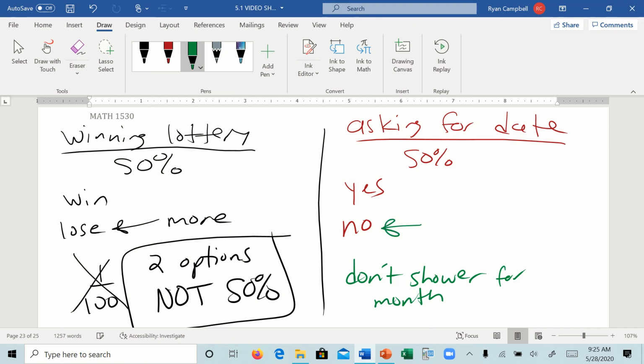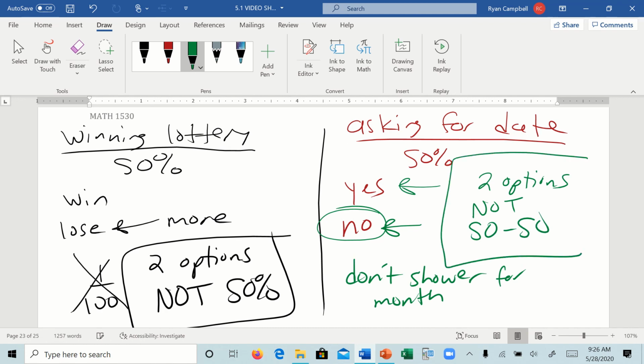Most people would say no, right? So you have more of a chance of them saying no than yes. Now, I've had students say, well, maybe they're into that thing. Well, then, haha, I still got you. Then they're actually more likely to say yes than they are no. So either way, it's not a 50-50 shot, right? So once again, two options does not necessarily mean a 50-50 chance.